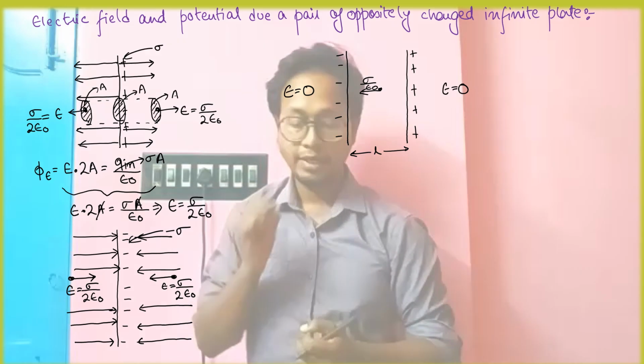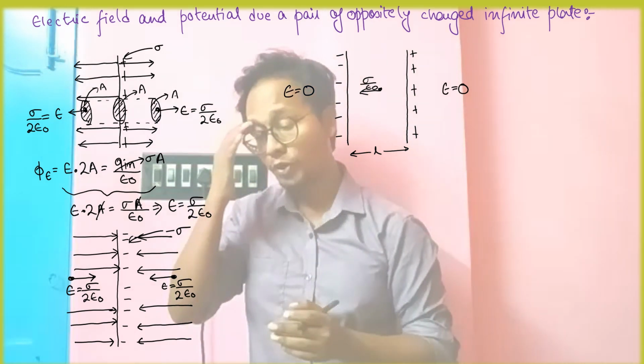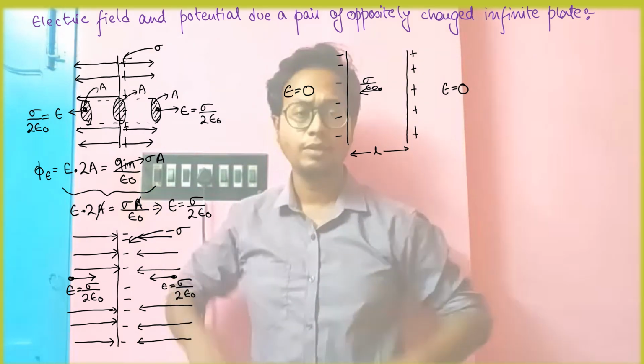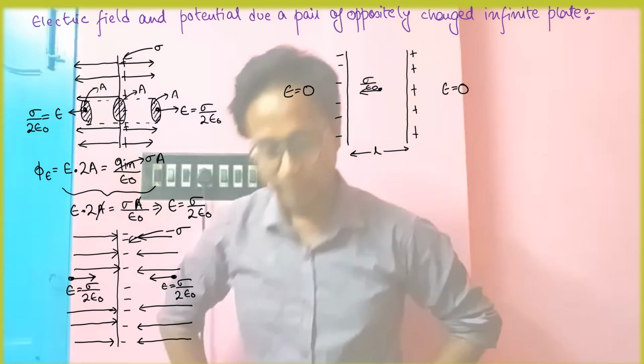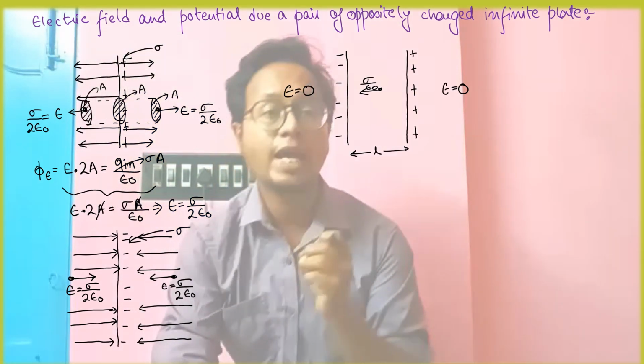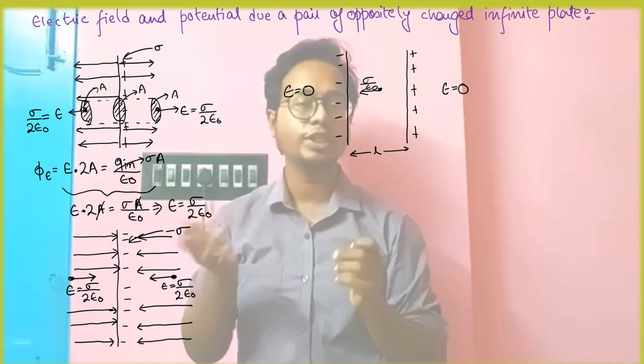Now one important aspect to note out here is, what is the potential in between the plates and outside the plates? To understand potential, the first thing you need to understand is that there exists nothing called absolute potential energy. There exists only differential potential energy.